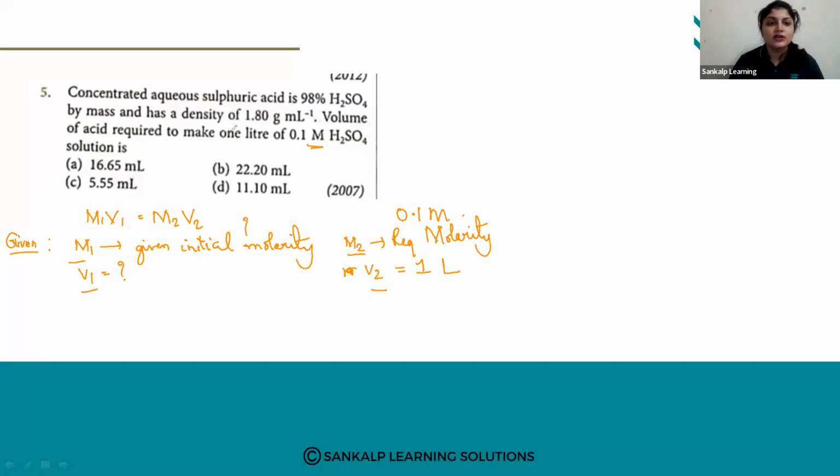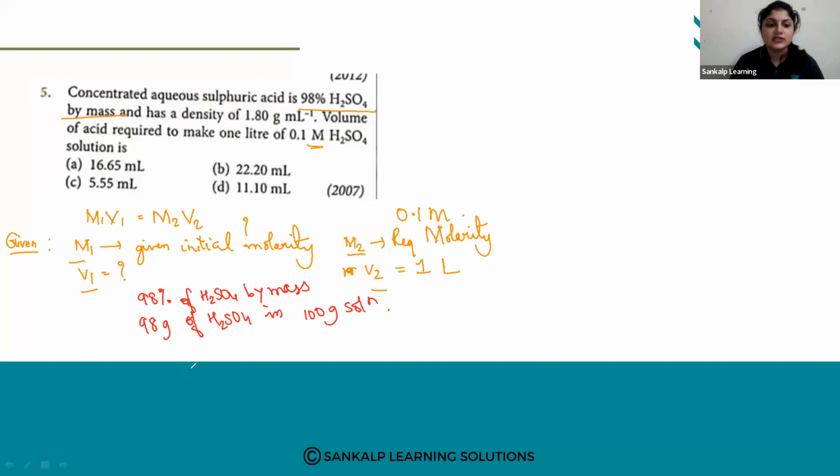Now this is given, right? 98% H2SO4 by mass. What do you mean by 98% H2SO4 by mass? It means 98 grams of H2SO4 in 100 grams of solution.